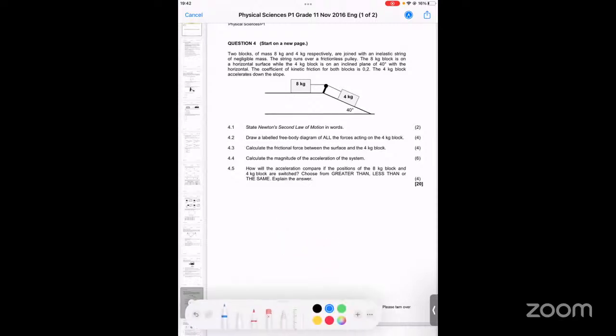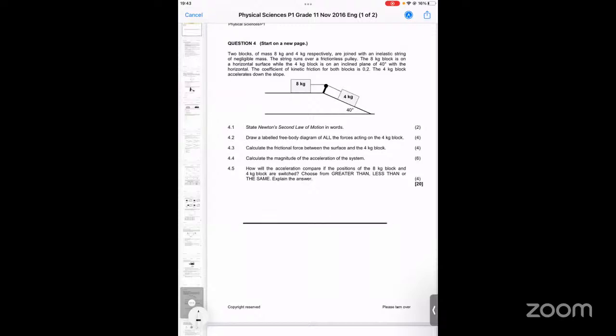Okay, 100%. So let me add something very important, honorable members. Let's say we have an object on a horizontal surface, and again we have a force acting at an angle like that, and this is the force applied.